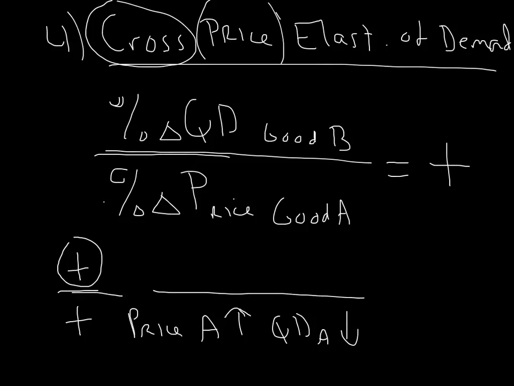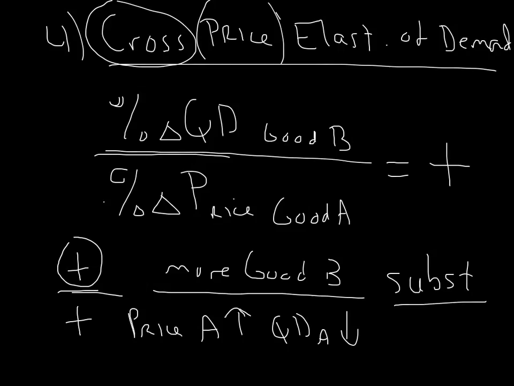Well, if you buy more of a different good, good B, then it's safe to assume that those 2 goods are substitute goods. So if the cross price elasticity is positive, the goods are substitute goods. If the opposite is true, if it's a negative value, then the goods are complementary goods.